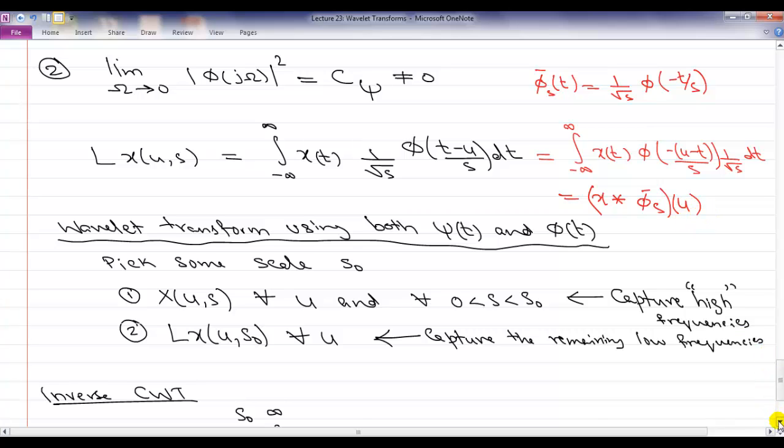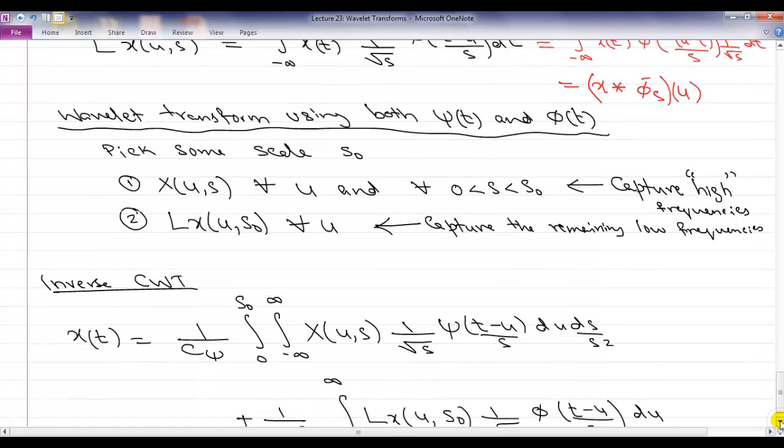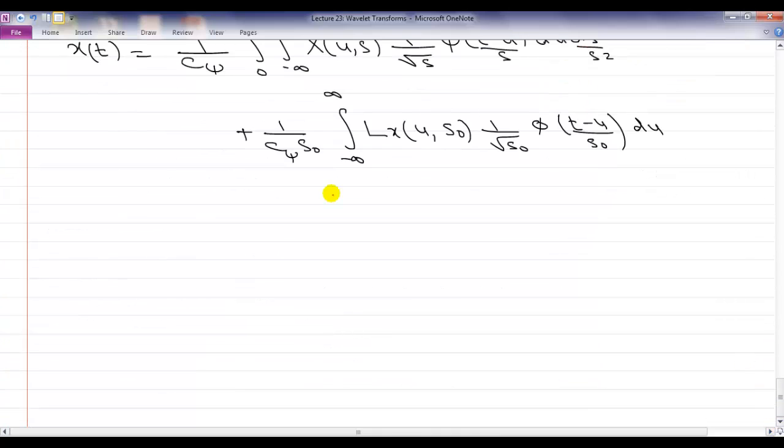So, for a conceptual understanding of what the continuous wavelet transform is going to look like: you have x of t, and you are filtering it with different scales. So you perhaps start with one function which is very small.